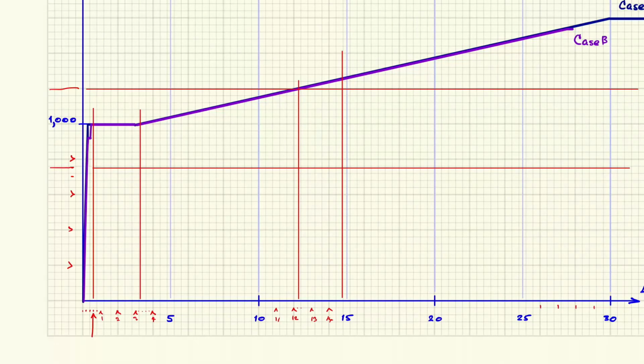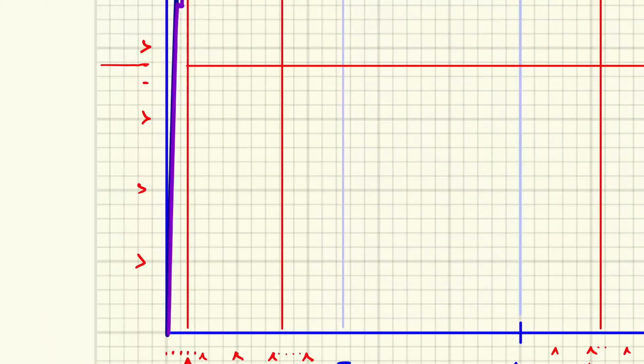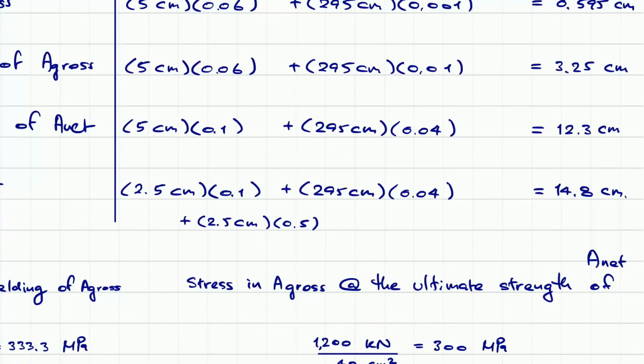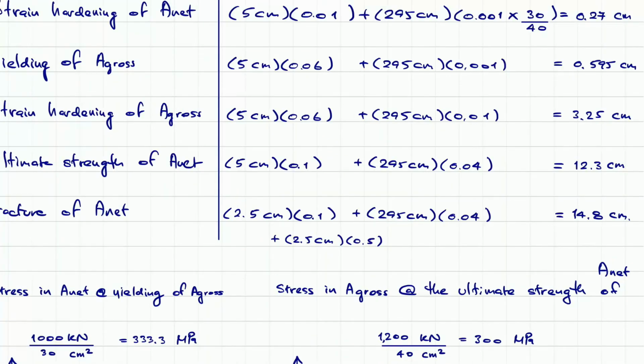Okay, let's draw the lines. Which one? 13.3. Okay, I did it again. This one? Oh, 13 point.